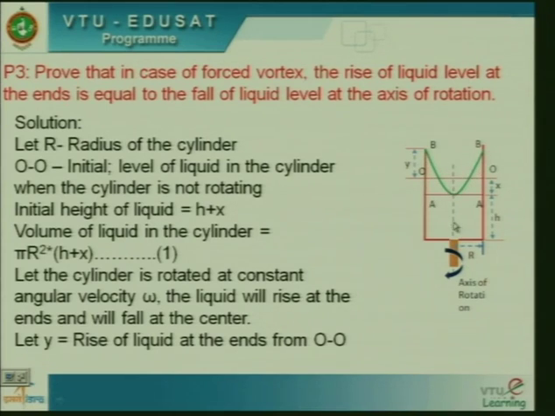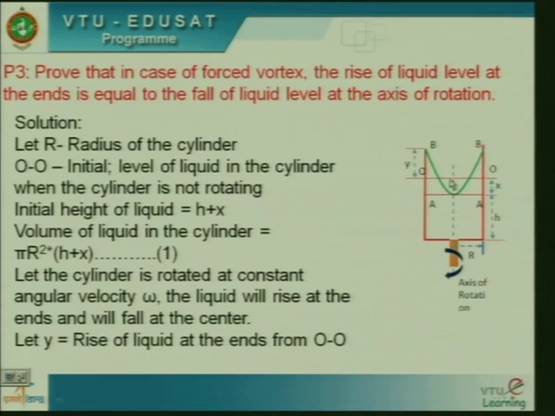Now with this background, let us see what the problem says. Prove that in case of a forced vortex, the rise of liquid level at the ends, OB, is equal to the fall of liquid level at the axis of rotation. Initially, before stirring, the level of water is at OO.